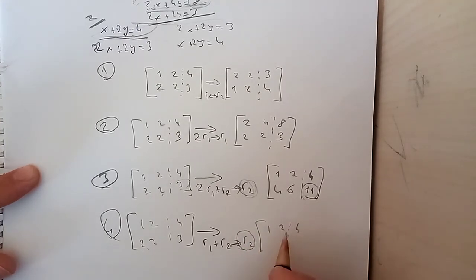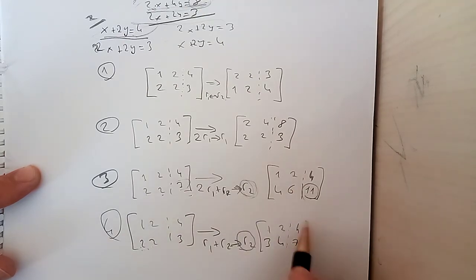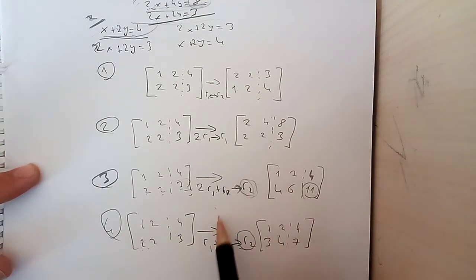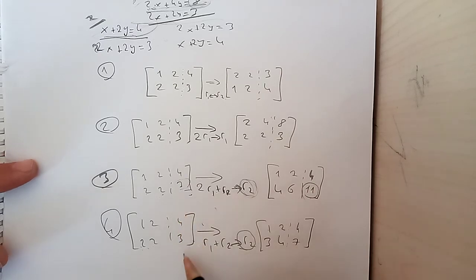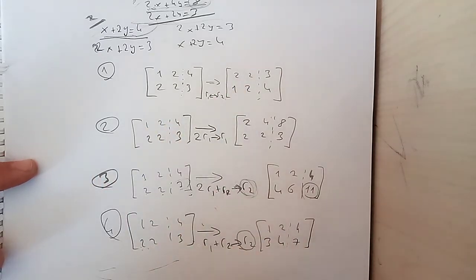It will be affected. When you add row 1, it will be 1 plus 2, 3, 2 plus 2, 4, and 4 plus 3, 7. Again, we can do that. They are all operations we can use, and we are going to use them in the next videos.